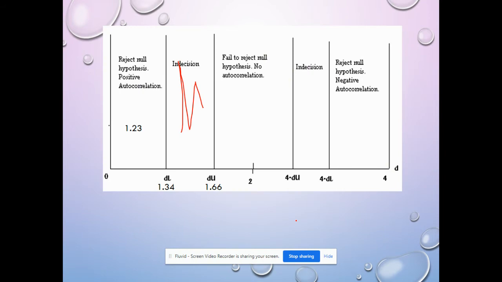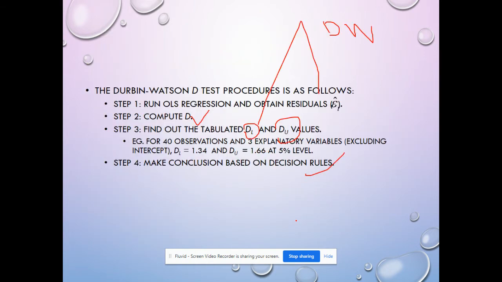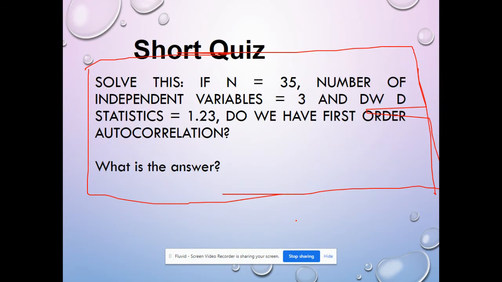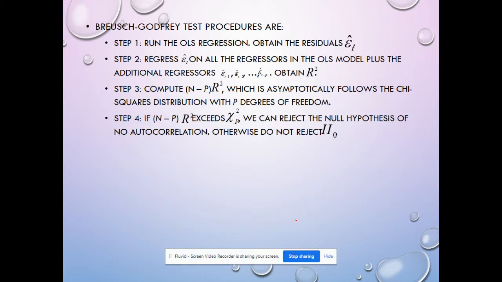In other words, the Durbin-Watson is like a basic phone, the Durbin-h is an upgraded phone, and Breusch-Godfrey is a much more upgraded phone with camera, 4G, 5G, or whatever G you have, and all the other functions. So it's a better version of that.